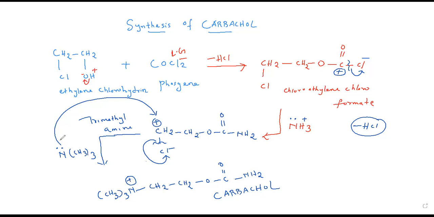Because it has donated its electrons to carbon. Therefore, you got a new sigma bond formation between carbon as well as nitrogen. So this entire trimethylamine group has been added to this particular carbon, and the rest of the structure is the same. Again, you are getting CH2, CH2, oxygen, C double bond O, NH2. So this is called carbachol.